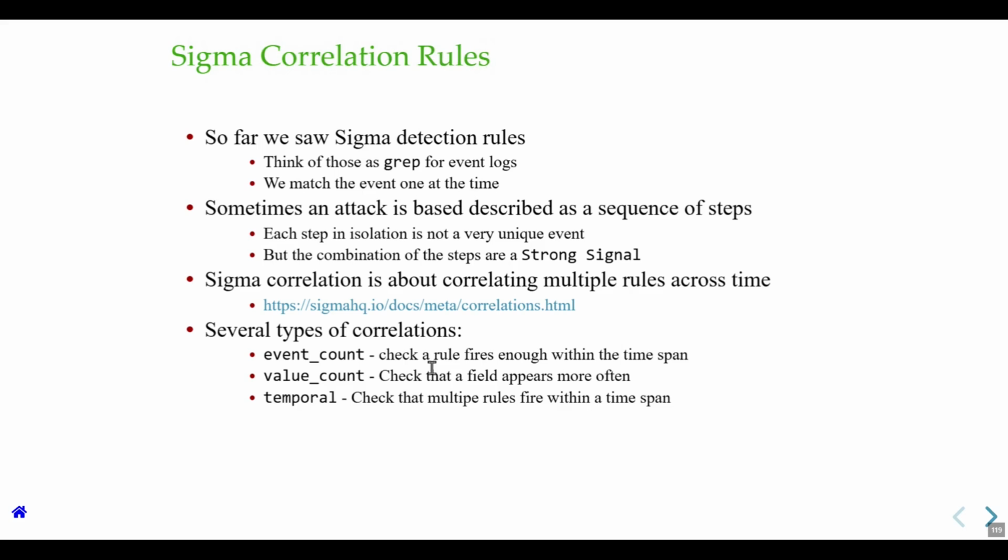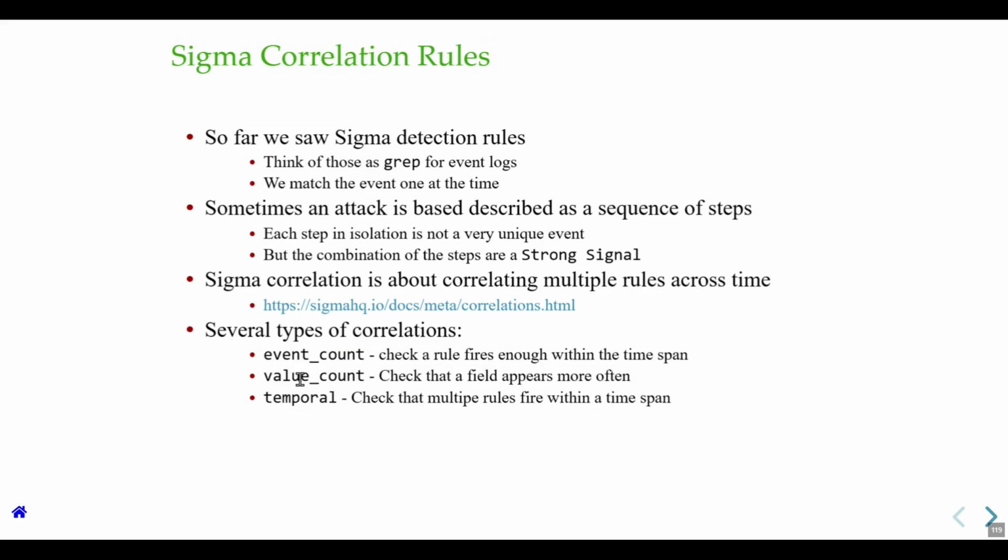That's useful, for instance, to say like, 10 failed logins in 2 seconds, that kind of thing. So each failed login is an event, but each failed login in itself is not super noisy. It's not really that valuable, but if someone's trying 10 of them within that 1 second, that's a brute force attack. That means something. So it's just how many times did we do it within the time span.